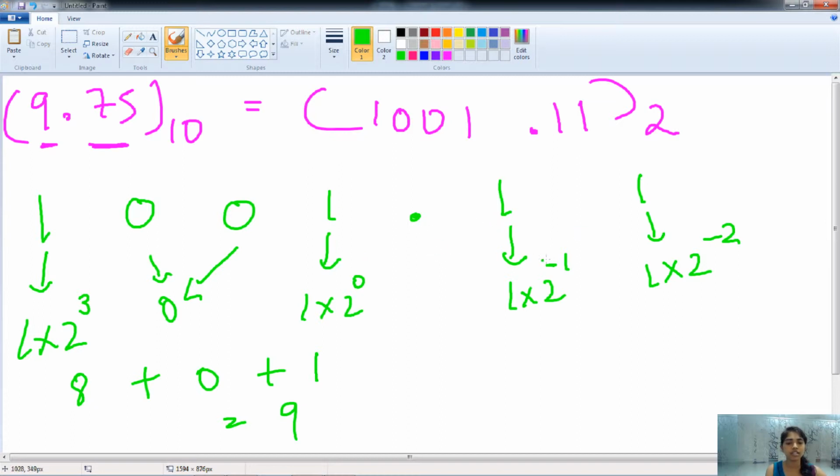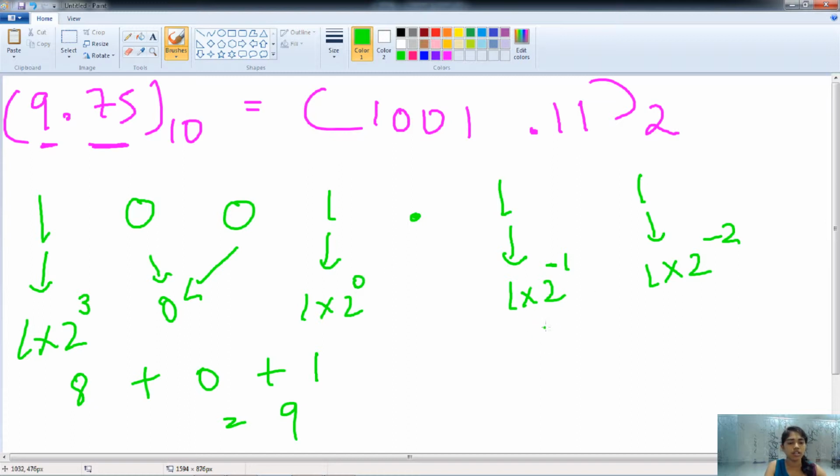But after the point we have gone from minus 1 to minus 2 to minus 3 and so on, from left to right. Again, this is starting from minus 1 and not from 0, whereas here the power started from 0.